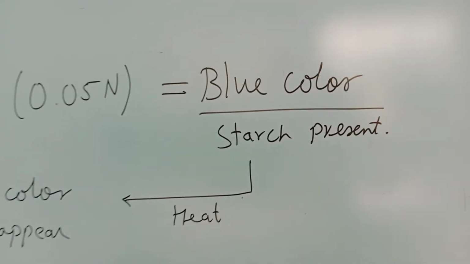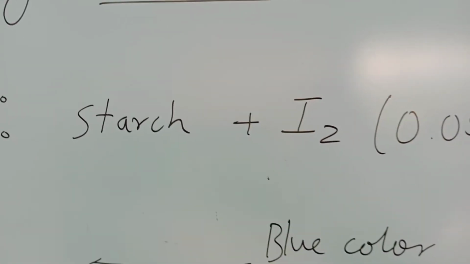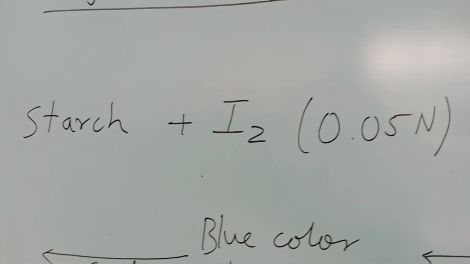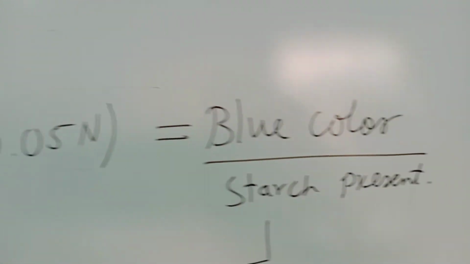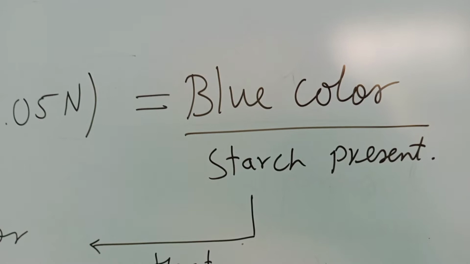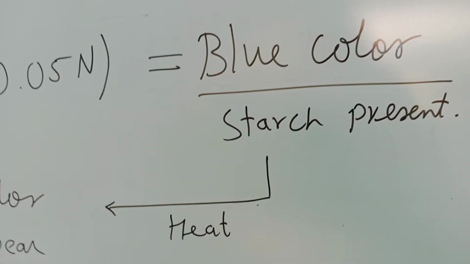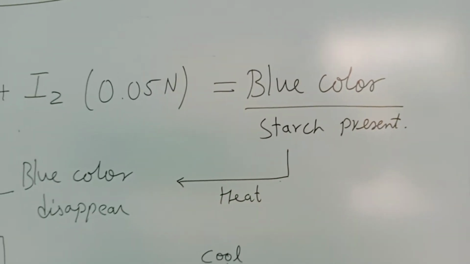Now, most of the books indicate that this is the only specific test, but no doubt when starch is added with iodine there is a formation of blue color, but this has to be confirmed. And this confirmation can be done further by heating the test tube.